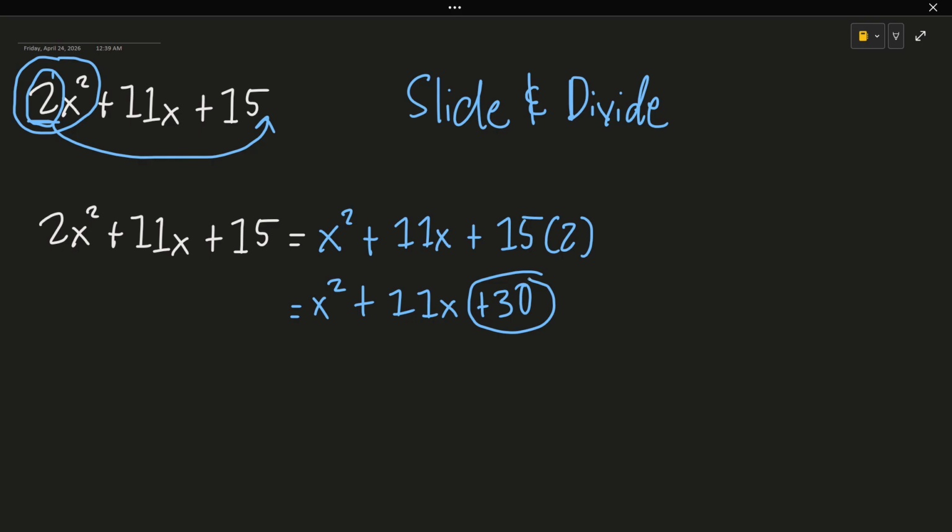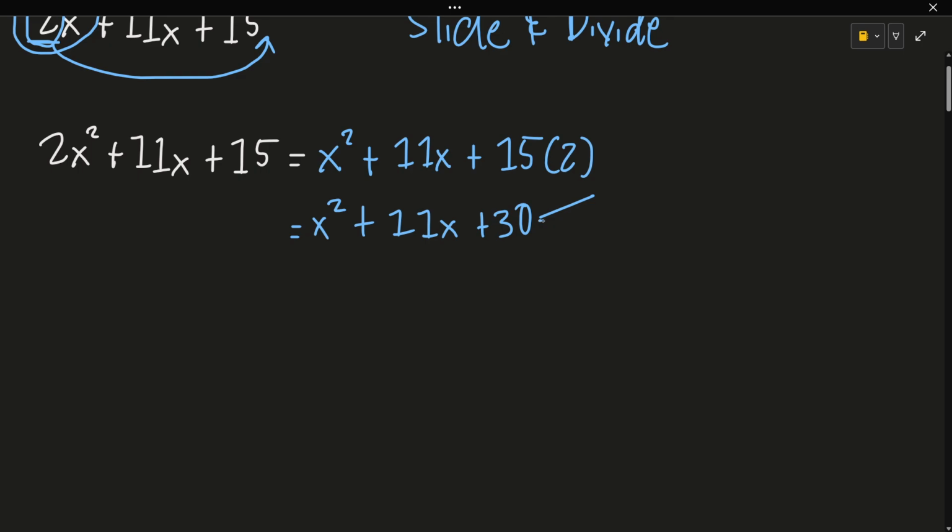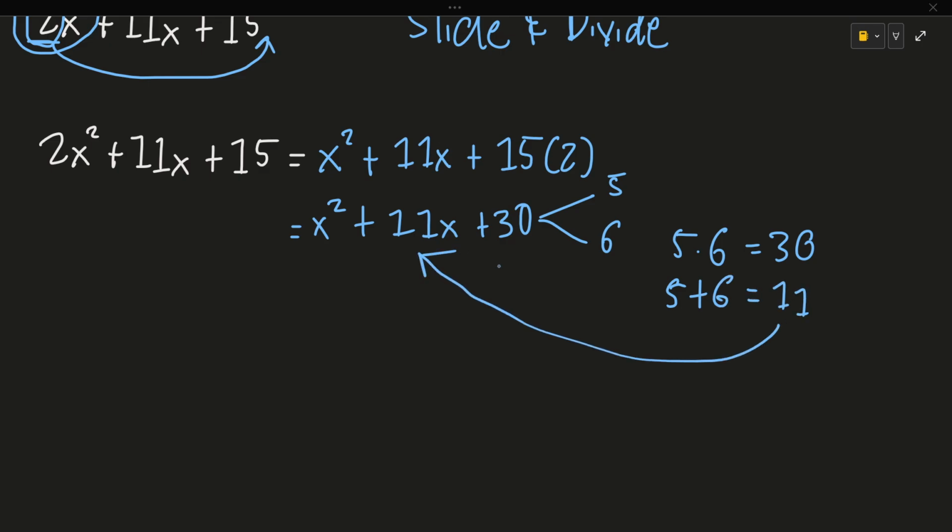And if we add them, the answer would be positive 11. So let's do it. There are two numbers we can apply here, which are 5 and 6. Proof. 5 times 6, positive 30. And 5 plus 6, positive 11. See? So in that case, we're going to use 5 and 6.